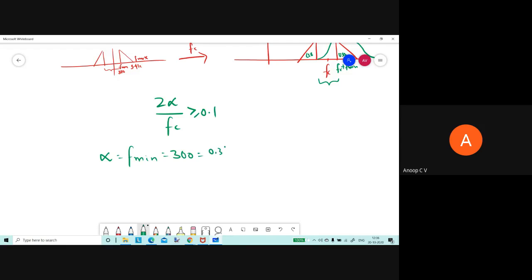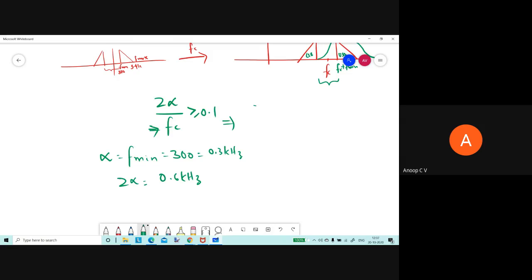So what will be 2 alpha? 2 alpha will be 0.6 kilohertz. Which means for SSB, for me to be able to design a practical filter to obtain SSB, the carrier frequency and this alpha are related like this.